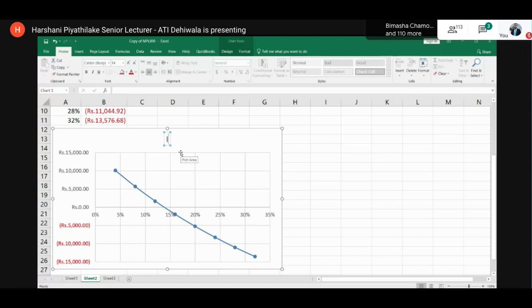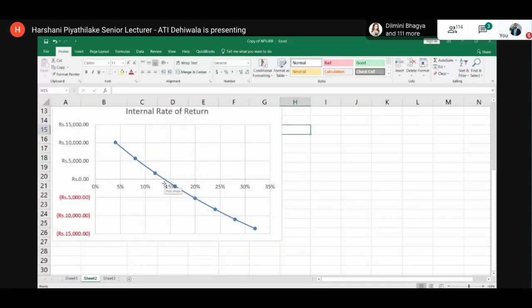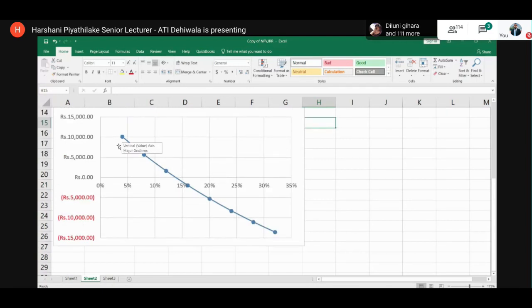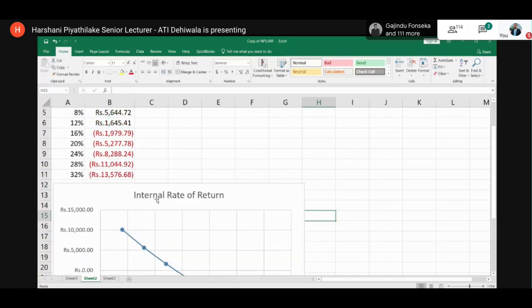If I write the full name, internal rate of return. So when you check this one, look at the graph. 4%, right? 1,644 for the 8%, 1,645 for the 16%, 1,979.79 negative.